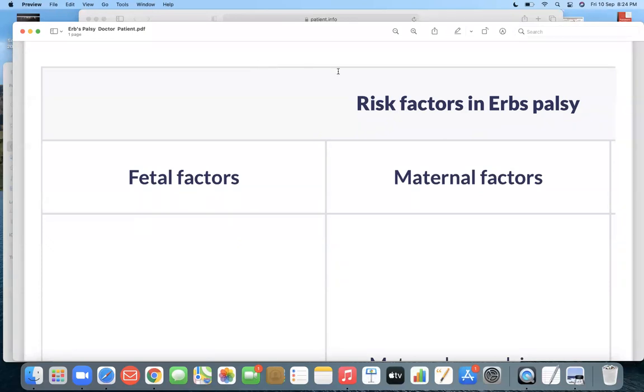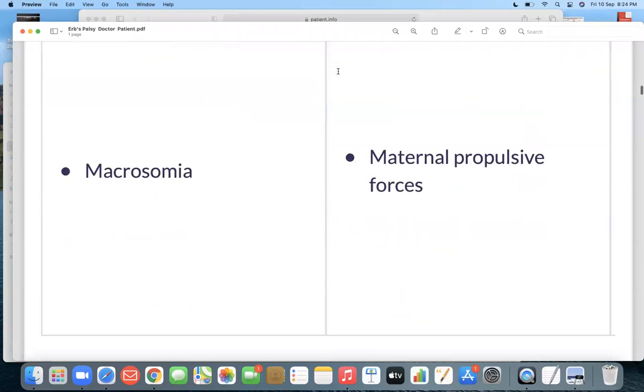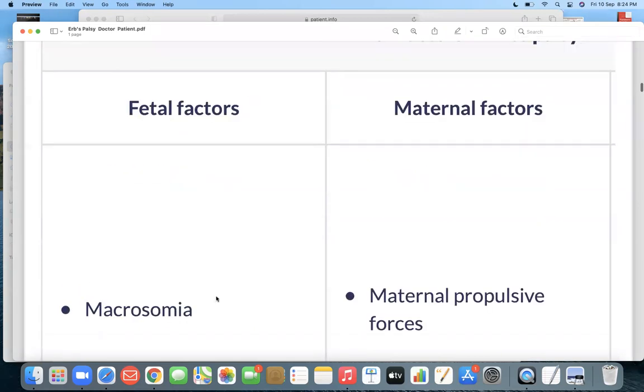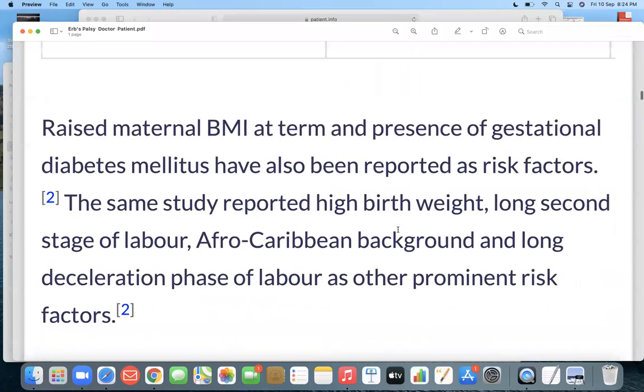Yes. So macrosomia, and in maternal factors, maternal propulsive forces. Two things: fetal factors, macrosomia; maternal factors, maternal propulsive forces. Another one is maternal raised BMI, means she is increasing in weight, and presence of gestational diabetes may also have been reported as risk factors.